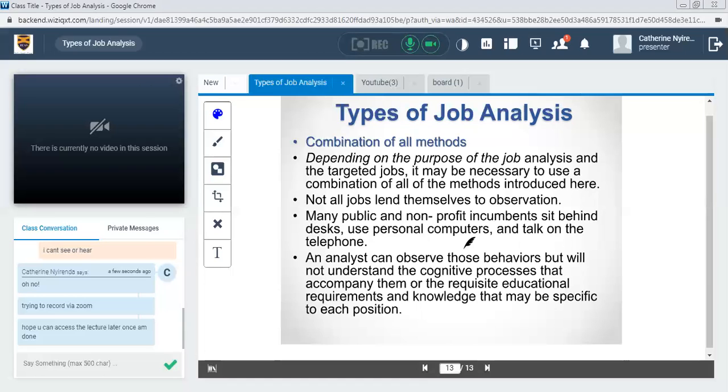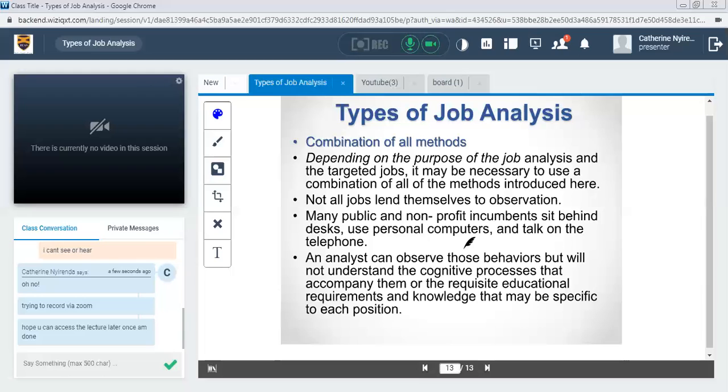Not all jobs lend themselves to observation. Many public and non-profit incumbents sit behind desks, use personal computers, and talk on the telephone. An analyst can observe those behaviors but will not understand the cognitive processes that accompany them, or the requisite educational requirements and knowledge that may be specific to each position.